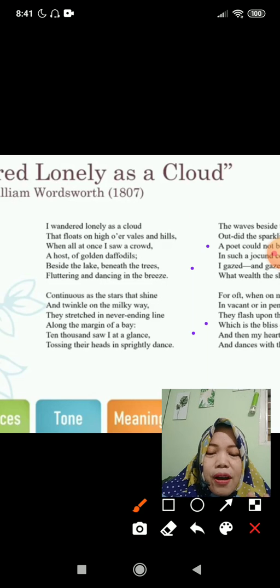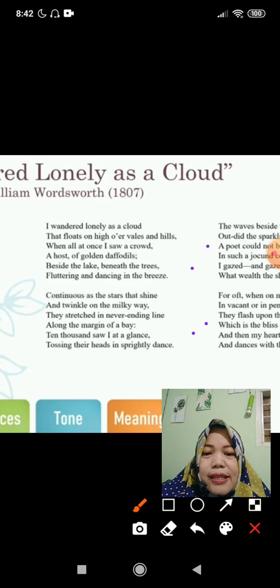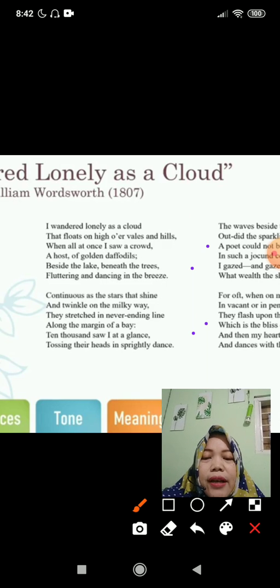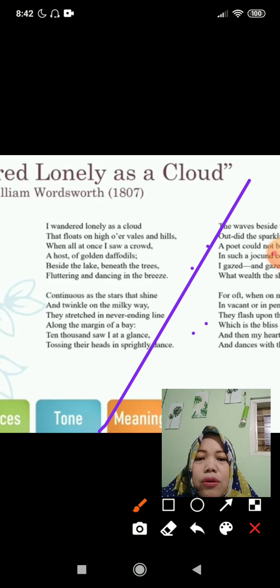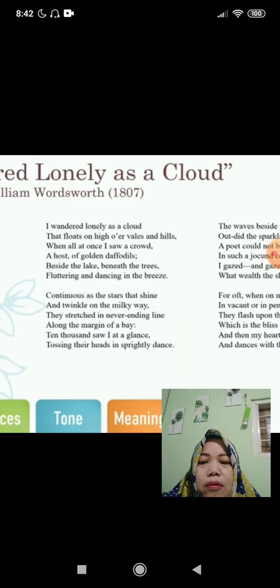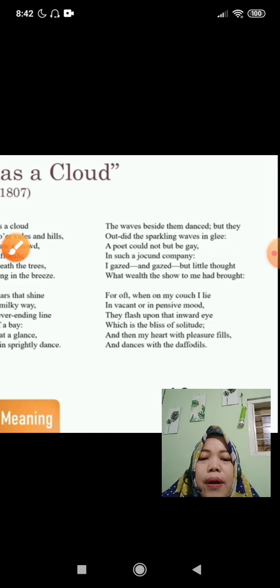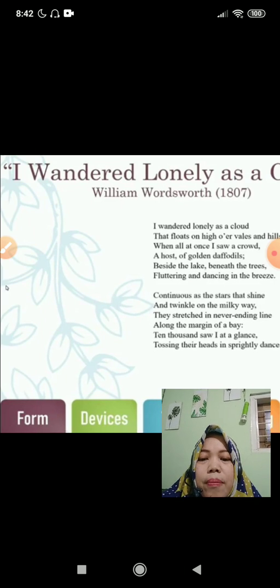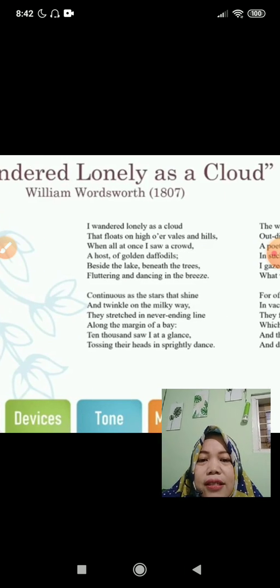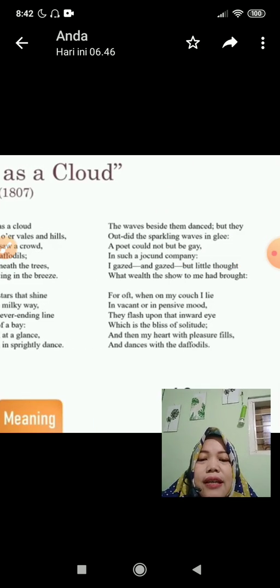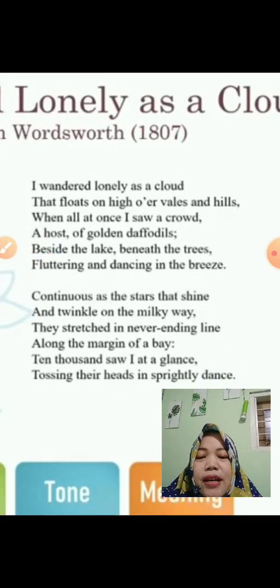So the form of the poem is four stanzas. We would like to show you how to know about the form. This is one, and then two, and then three, and then four stanzas. And then we start from the first stanza.